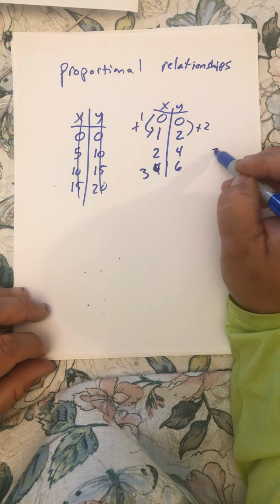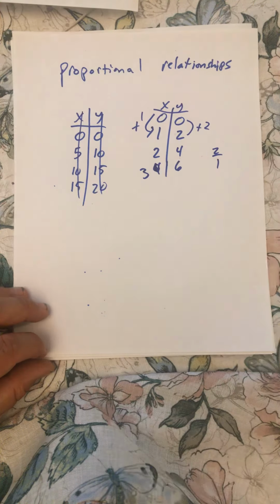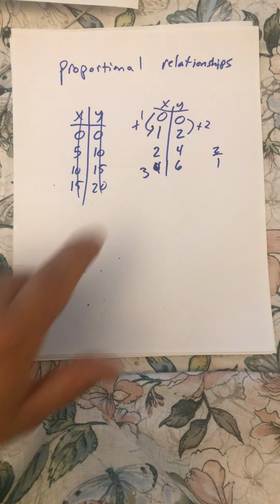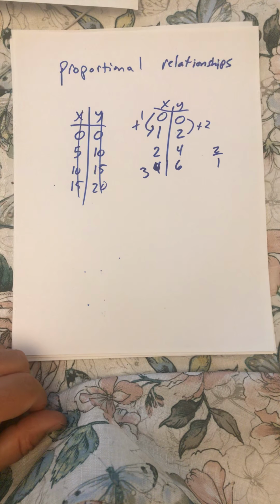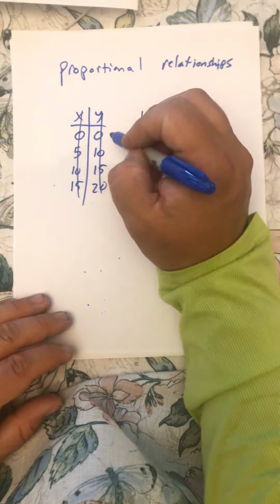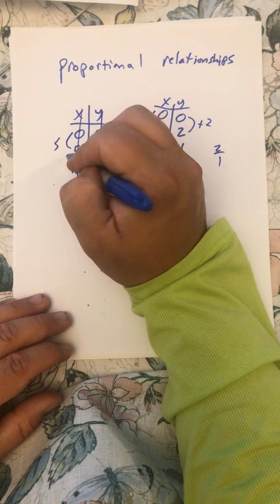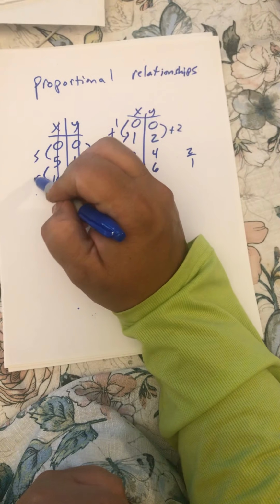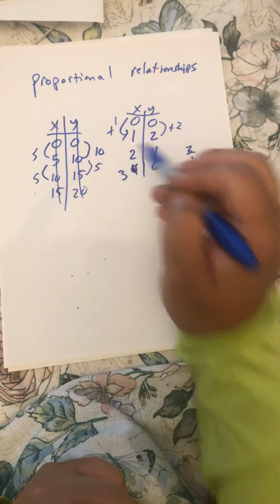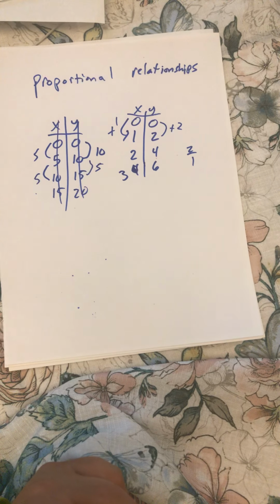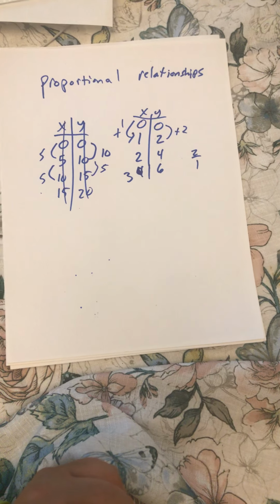So remember, our slope is 2 over 1, and that means that all of these are 2 over 1, so they would all be the same. Now here, this goes up 10, and this goes up 5, this goes up 5, and then this goes up 5, so therefore, you see it doesn't match. So I'd have different rates on that, so it wouldn't be proportional.